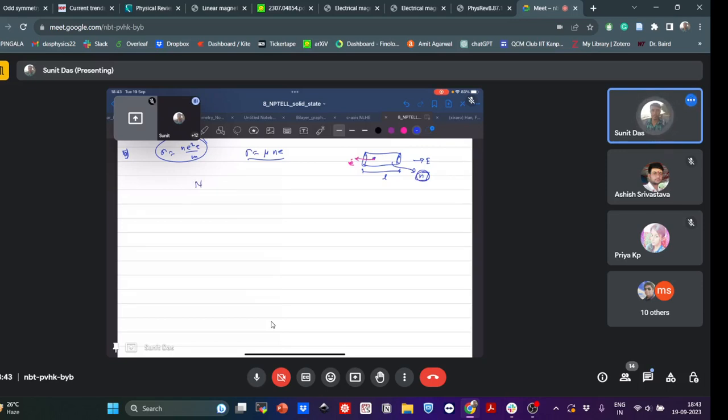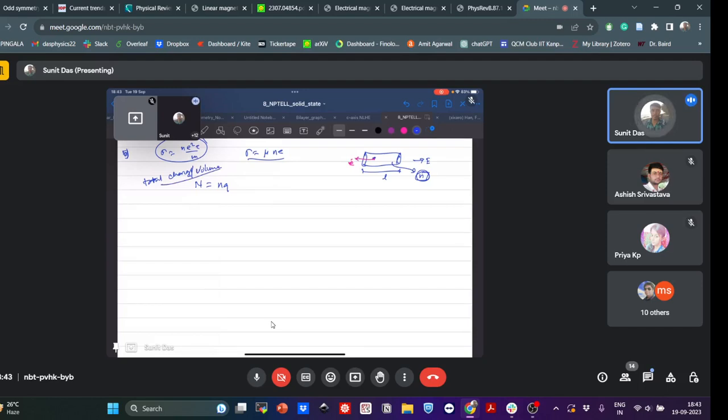Then the total charge per unit volume is n times the charge q.